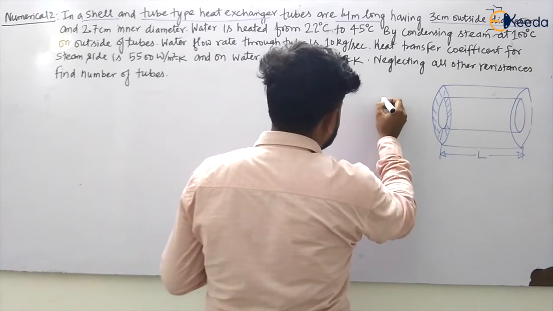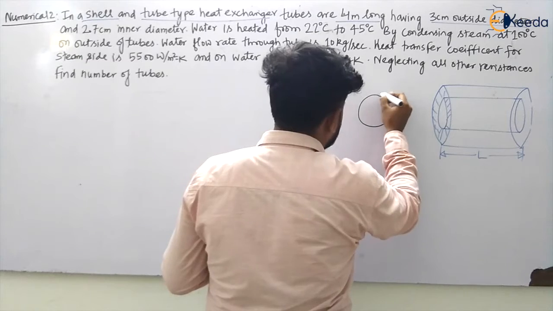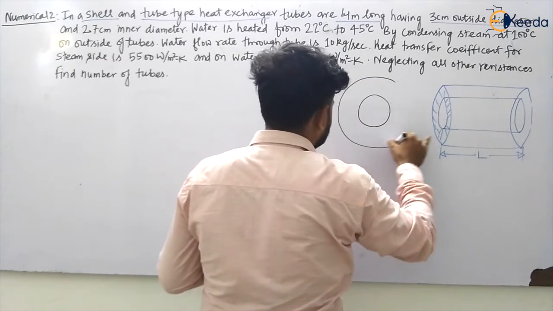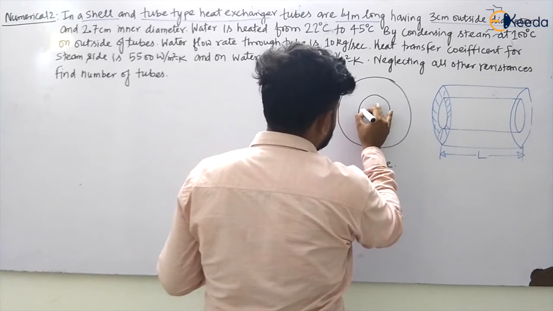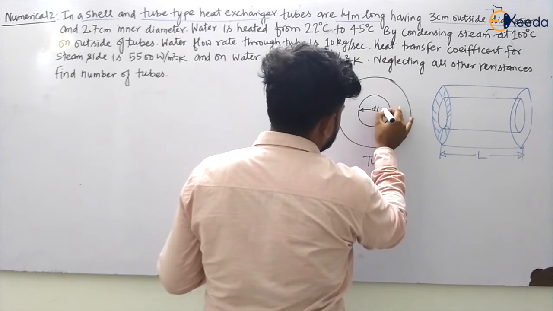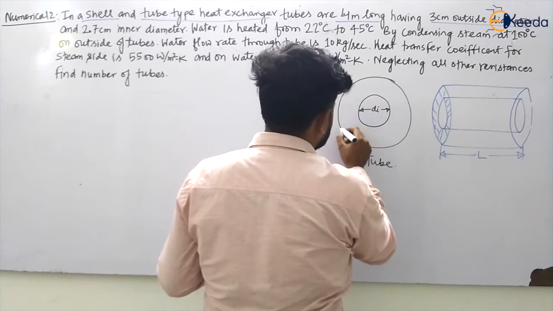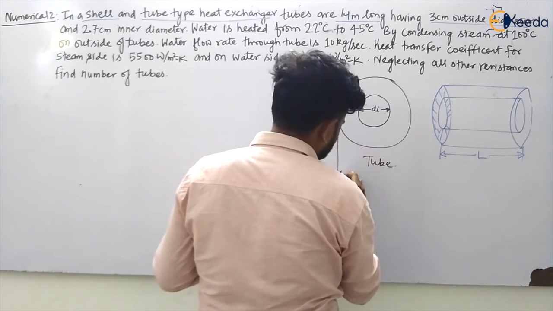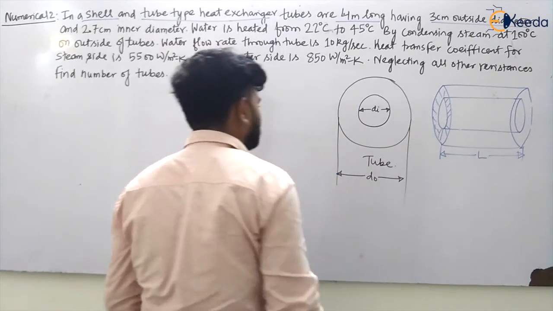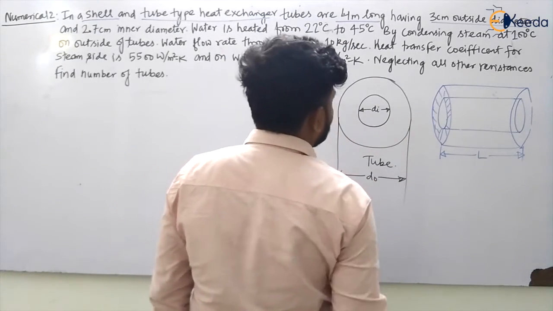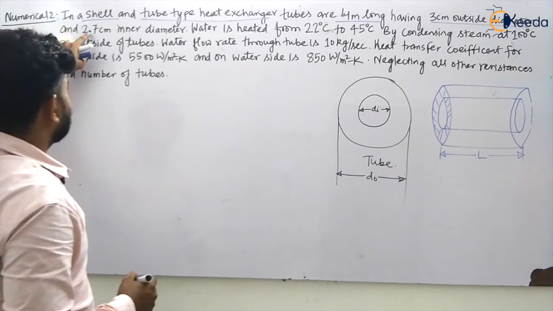So if I make this diagram like this, this will be your inner diameter for a tube. Let us take this is your tube, and they have given some inner diameter di, and they have also given some outer diameter d naught, my dear students. Now, the inner diameter is how much?